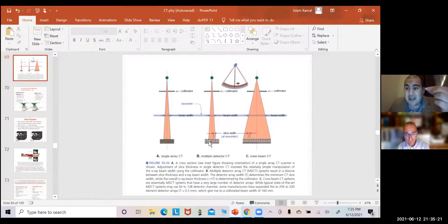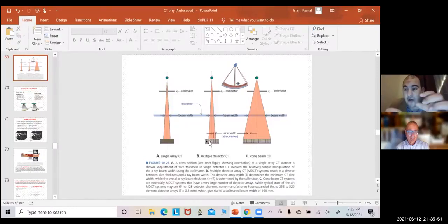If I use 16 rows of detectors and the detector width is 1 millimeter, that means the beam width is 16 millimeter, but the thickness of the detector is one millimeter. So I can reconstruct the image to get 2 millimeters, 3, 4, 5 millimeters, and so on. But I can't reduce the reconstructed image to less than the detector width I used.